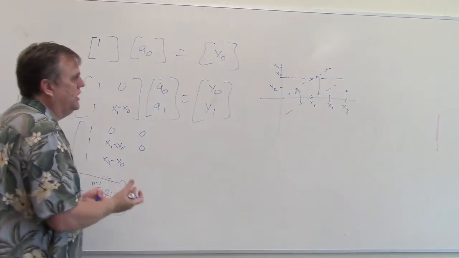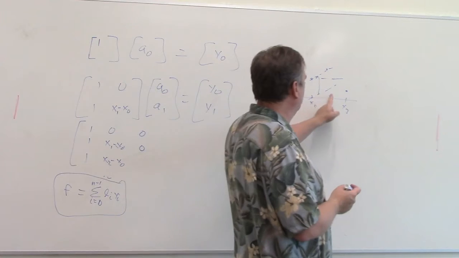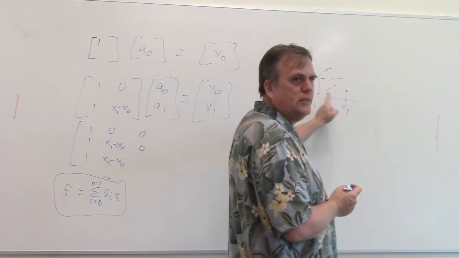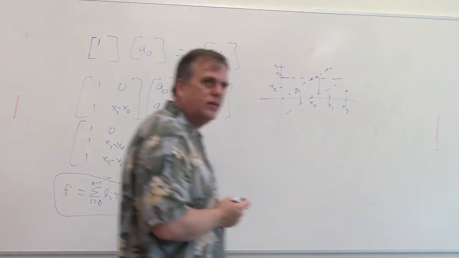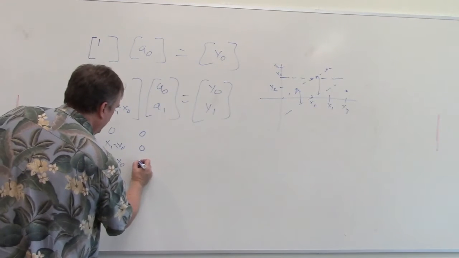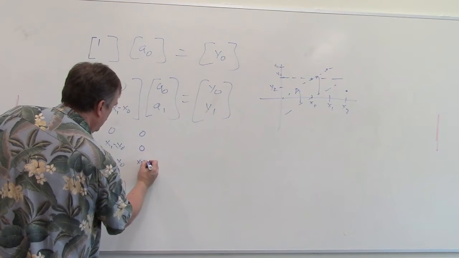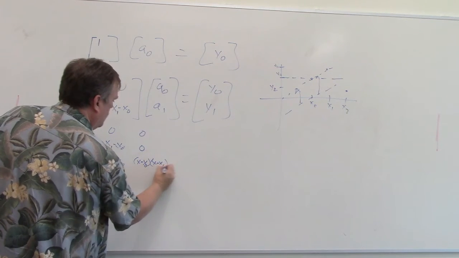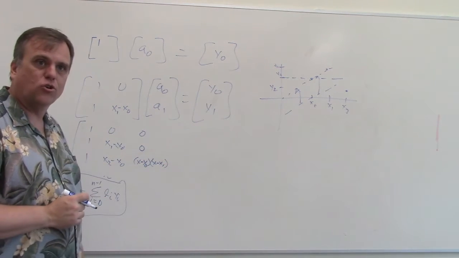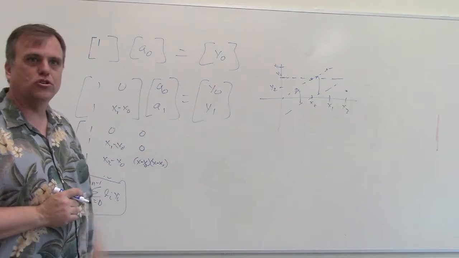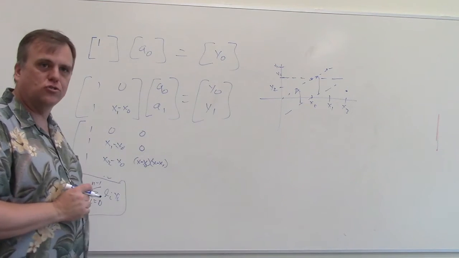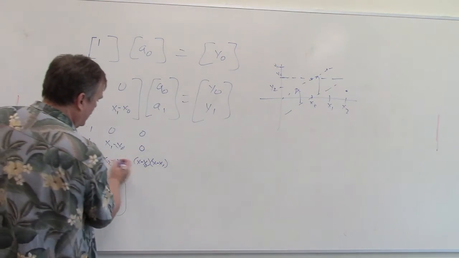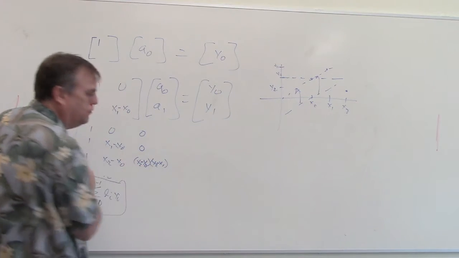Now I need something that's not going to affect either of these 2 points, so it must be 0 at both of them. In order to do that, I need x minus x0, and it has to multiply x minus x1. This quadratic is 0 at those 2 points, which gives me these 2 zeros. But I want to calculate this one at x2, my new point.